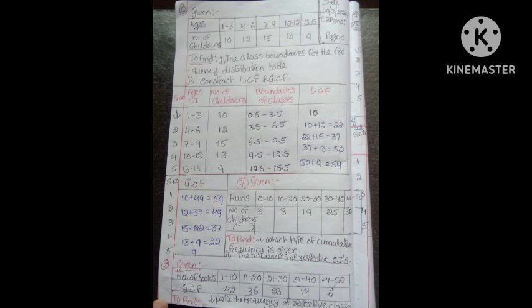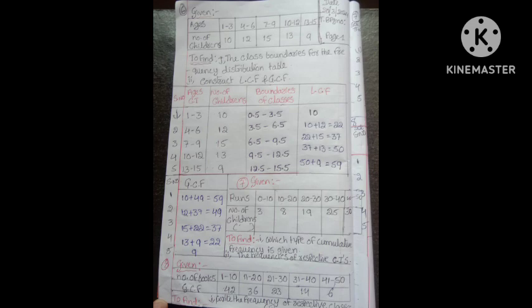Ages as class intervals and the number of children are given. How will you find the class boundaries? You already know the process, but today we will learn the simple process.